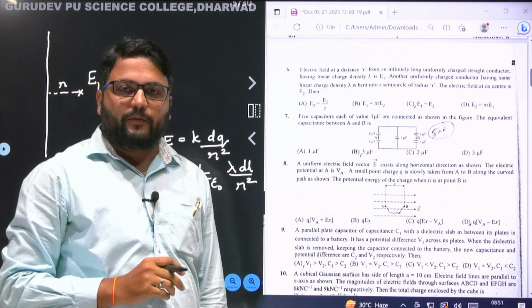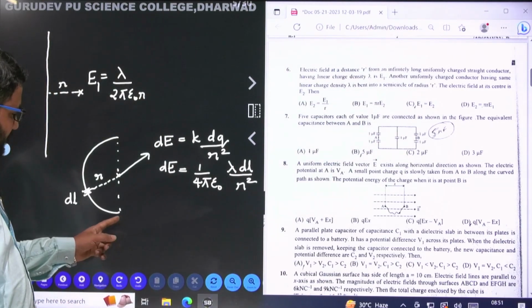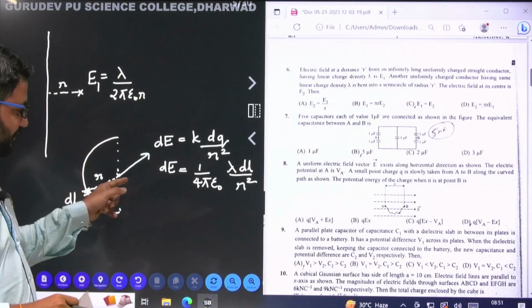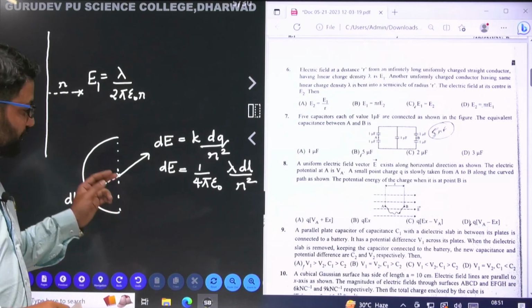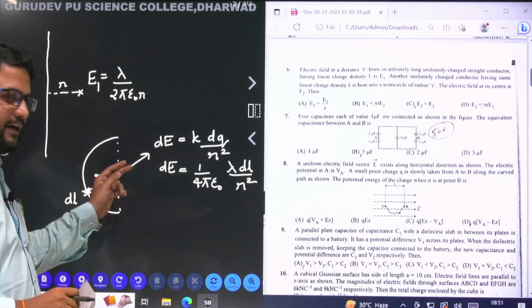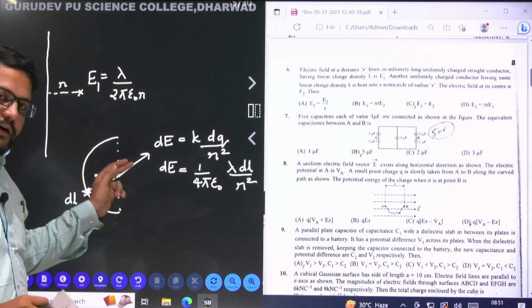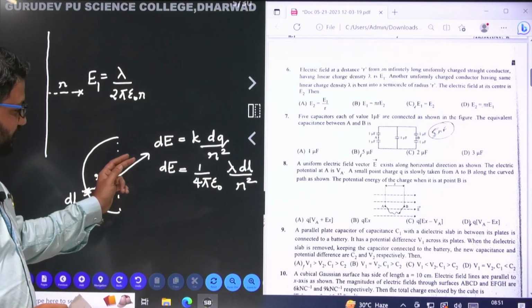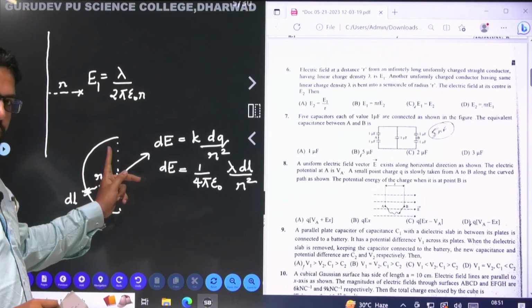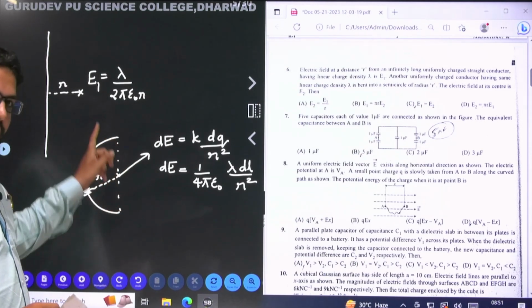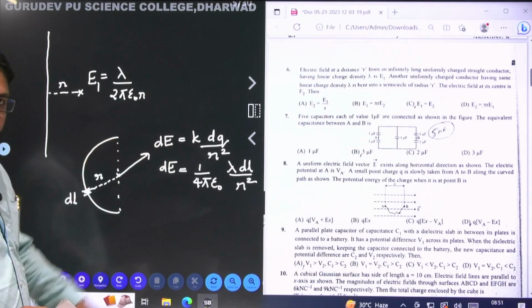Using the concept of integration to get the whole value of the electric field at this point takes a lot of effort. There are some shortcut methods and concepts. This electric field has to be split into two components. The vertical components get cancelled out and the horizontal components have to be added.